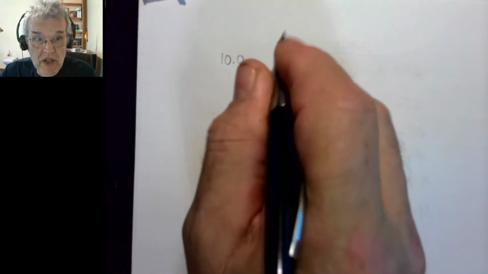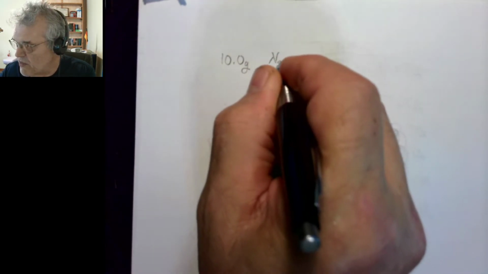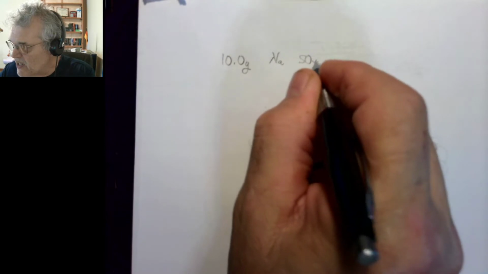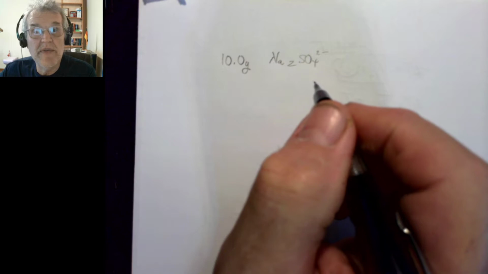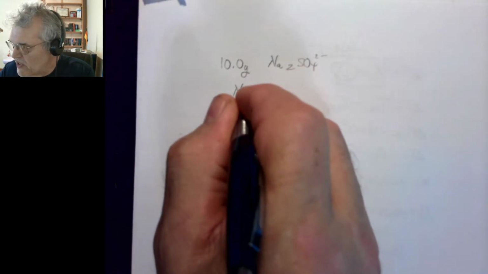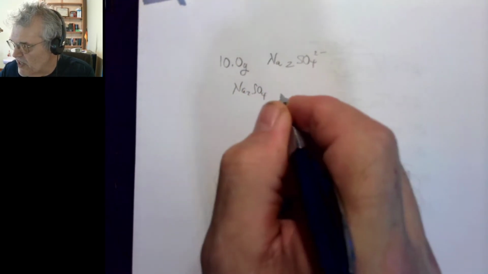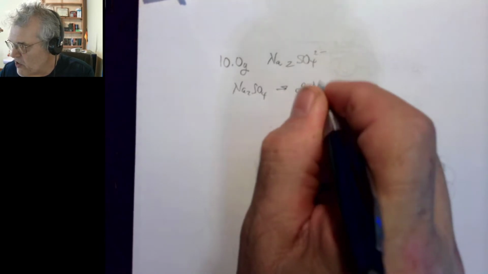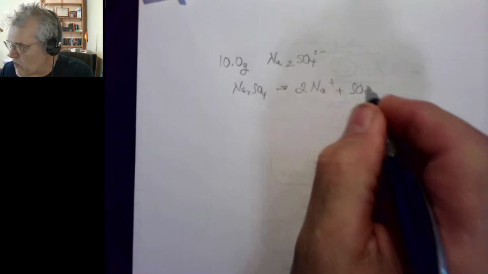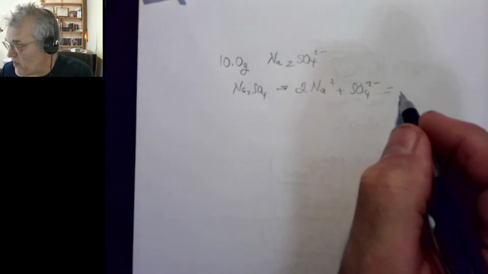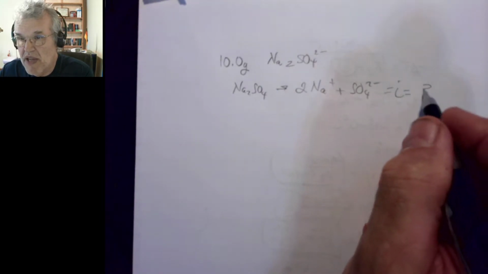What is sodium sulfate? Well, because you remember sulfate is SO4 2 minus, that polyatomic anion, there must be 2 sodiums on it. Therefore, when sodium sulfate dissolves into aqueous solution, we get 2 Na pluses plus 1 SO4 2 minus. Therefore, in this, our Van't Hoff factor would be 3.